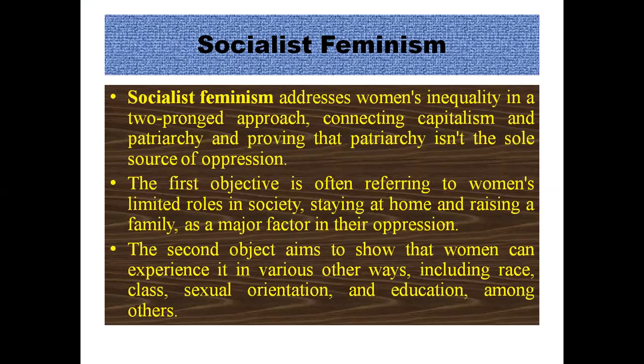Socialist feminism addresses women's inequality in a two-pronged approach, connecting capitalism and patriarchy, and holding that patriarchy is not the sole source of oppression. The first objective often refers to women's limited role in society, staying at home and raising a family, as a major factor in their oppression.